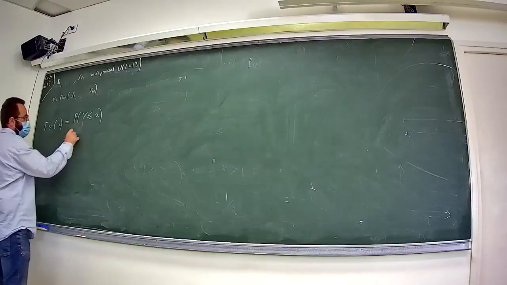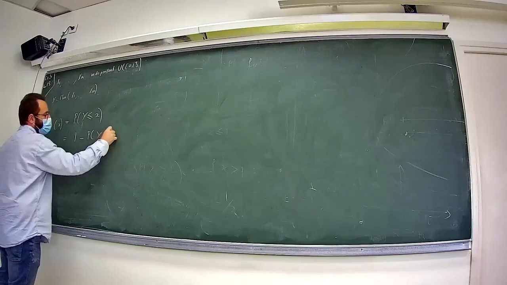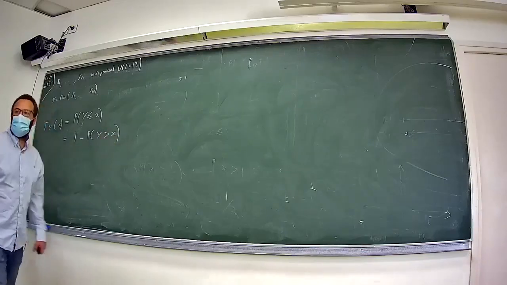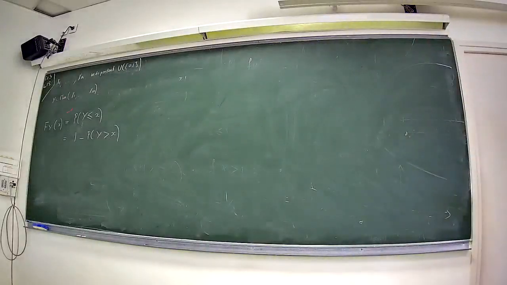But I can say the following. It's 1 minus the probability that Y is strictly greater than x. Okay? And now I am happy because the minimum strictly greater than x means they are all strictly greater than x, something that is equivalent. The minimum strictly greater than a number means that they are all strictly greater than this number.